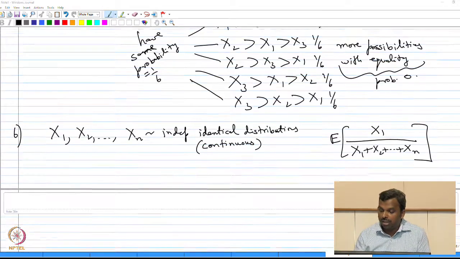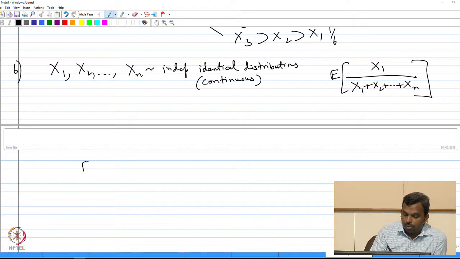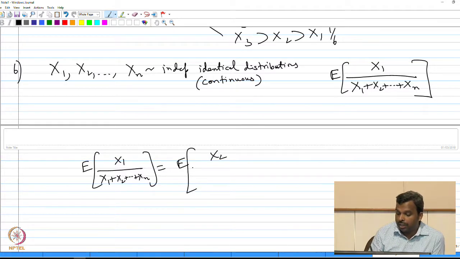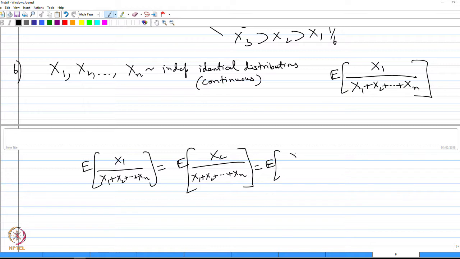The crucial point to observe is that the expected value of x1 divided by x1 plus x2 plus so on to xn is actually the same as the expected value of x2 divided by x1 plus x2 plus xn, which is the same as x3 by x1 plus x2 plus xn, and so on, the same as the expected value of xn divided by x1 plus up to xn.